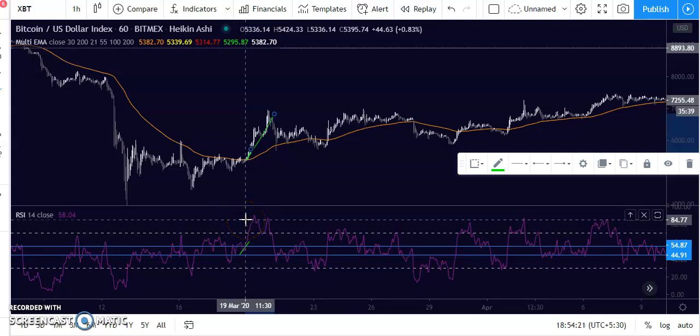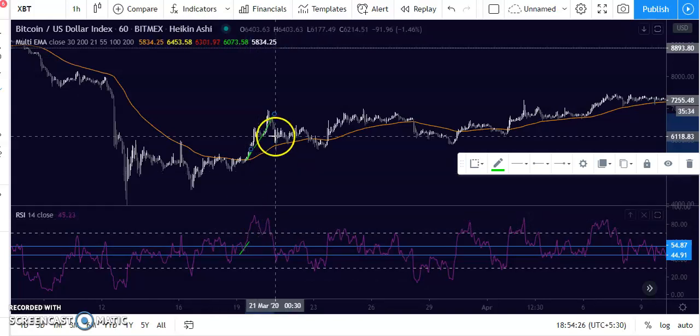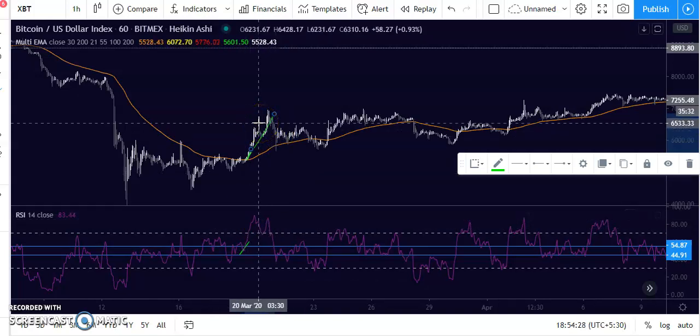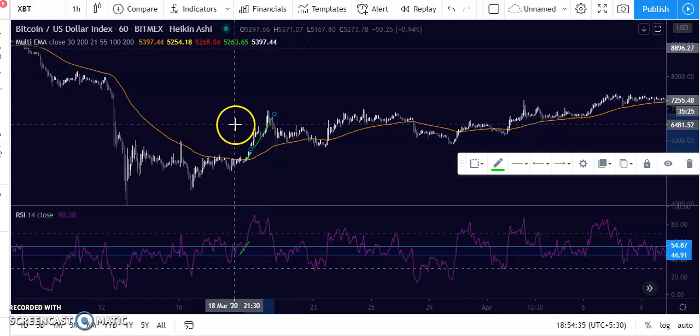If the RSI value reaches above 85, what we should do is put a stop loss for a trailing entry. So even if the price dumps, you will sell at a high price only. You will always be in profit.